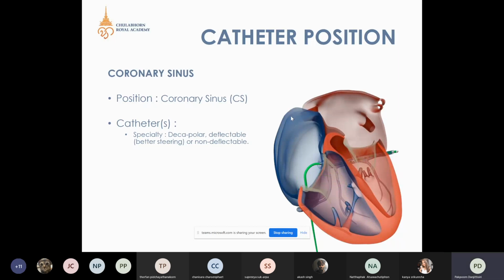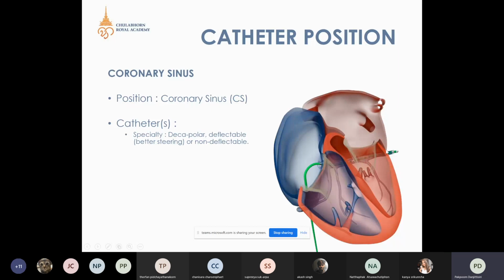So the CS catheter often has 10 electrodes on the catheter with spacing of 5 to get the electrogram from the left side of the heart.